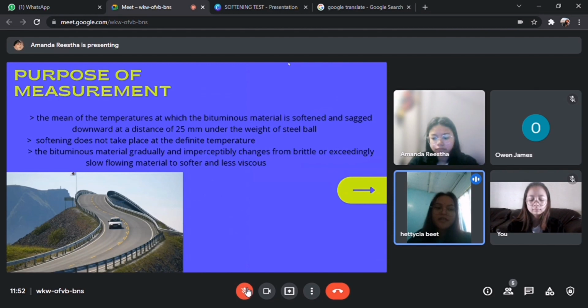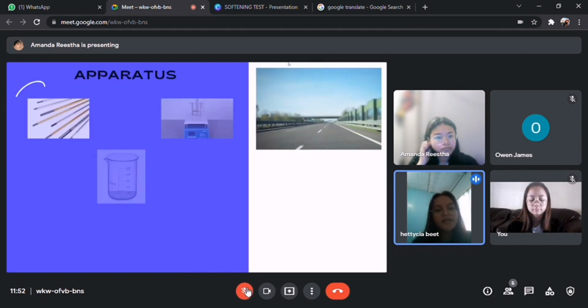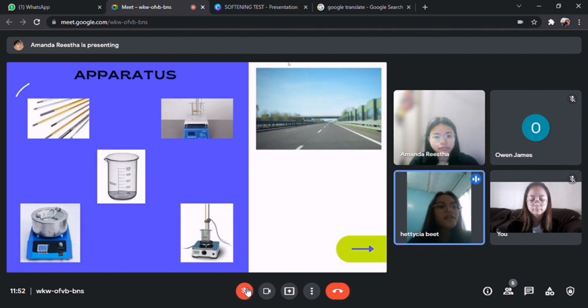Next, I will talk about the apparatus that we use in the softening test. First, thermometer. A thermometer is an instrument that measures temperature. Second, ring and ball apparatus is used for determining the softening point of bituminous materials.